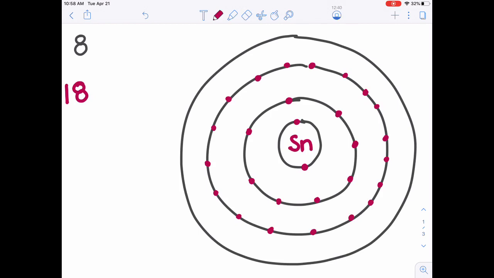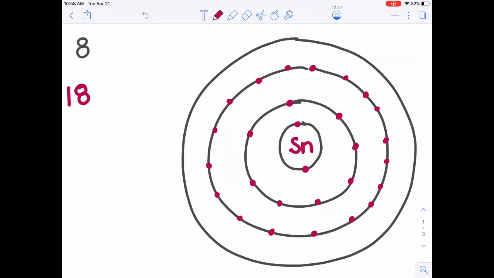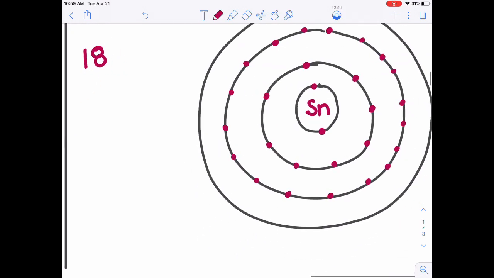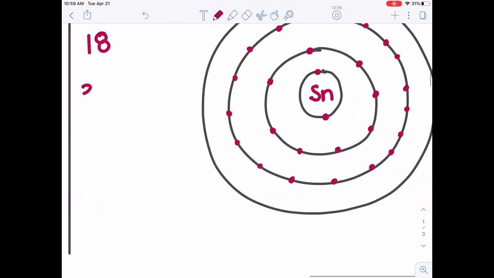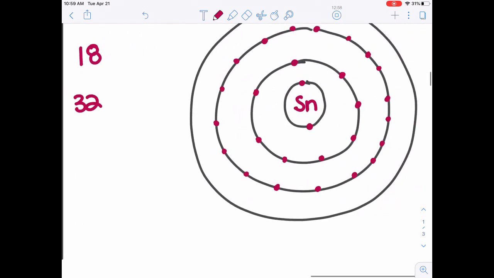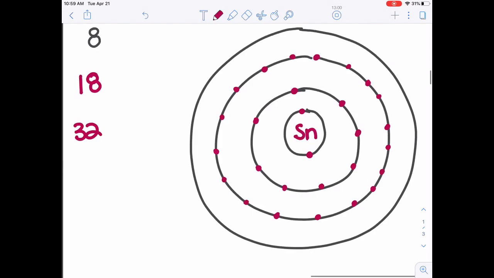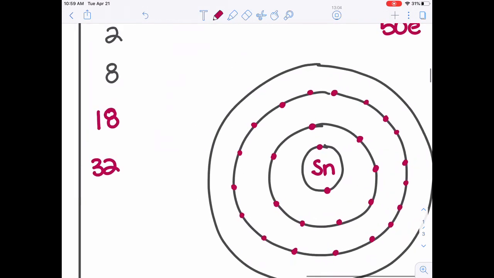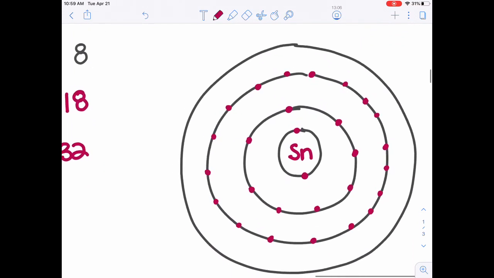a full third energy level, but I need to keep going because I want 50 electrons, and right now I don't have 50. The fourth energy level can hold a total of 32 electrons. So I have 10, 28 so far.